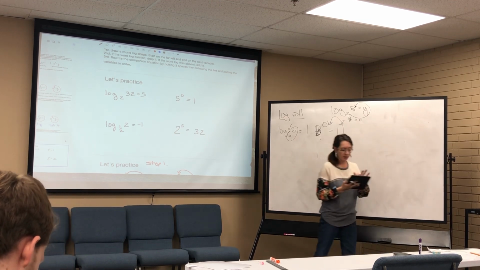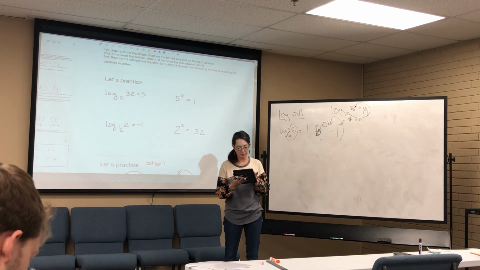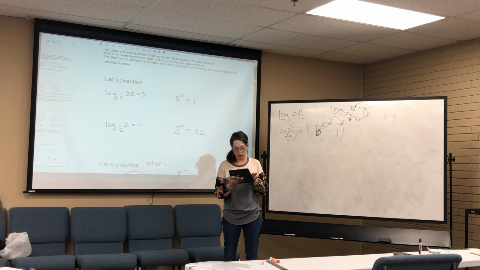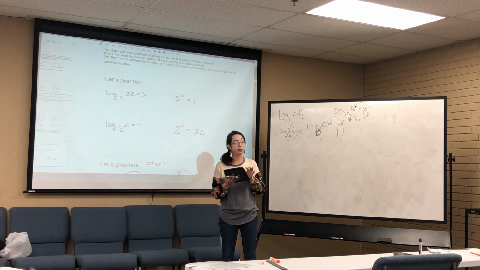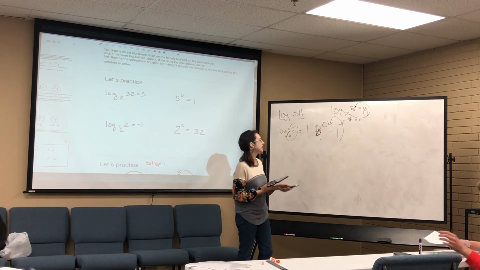Okay? Let me check your homework. Mine just says log and there's a parentheses. Yes, because when no base is written, it actually means 10. It's that unwritten 10. Why would they use 10?